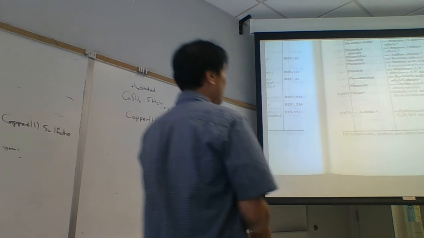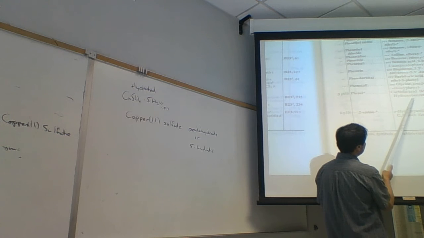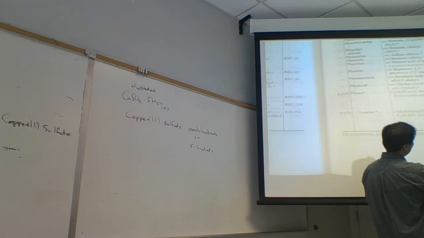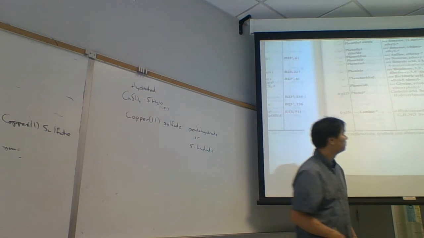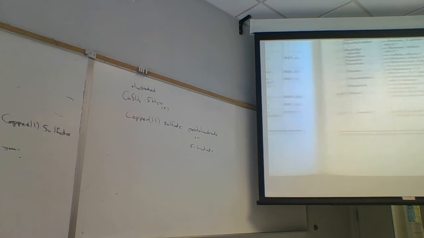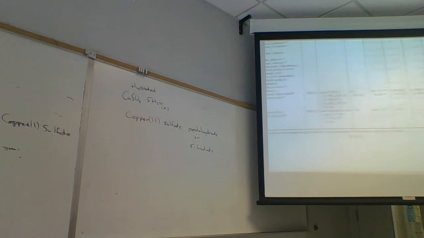Phenol, aka carbolic acid, benzenol, hydroxybenzene. This is the average weight of a molecule in u, 94.11. Some other properties there, including melting point, boiling point, solubility, etc.